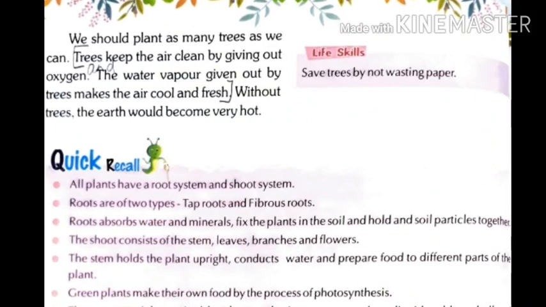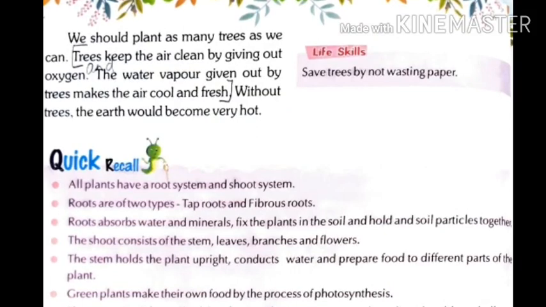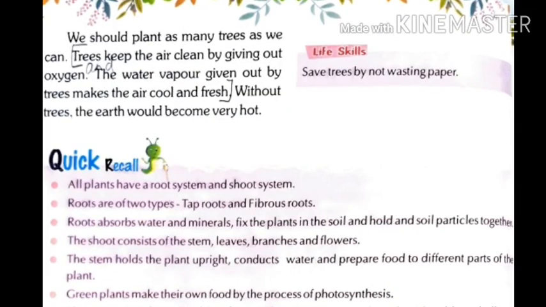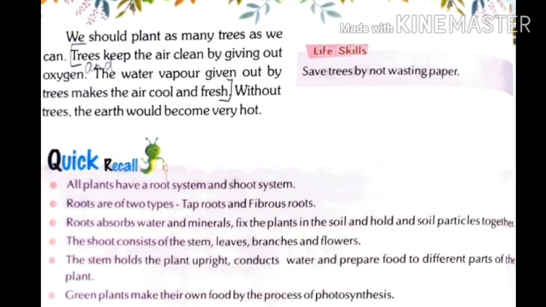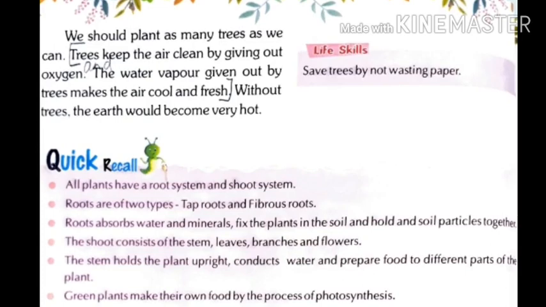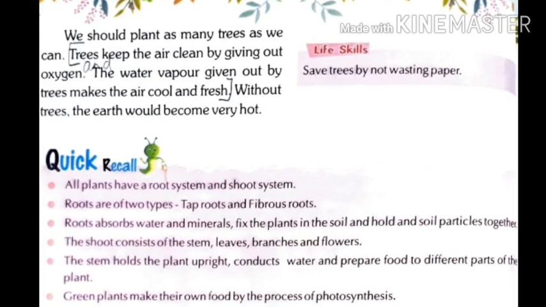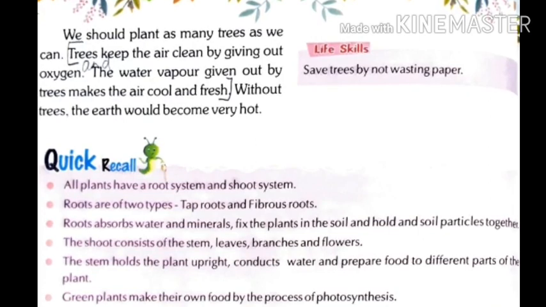We should plant as many trees as we can. Trees keep the air clean by giving out oxygen. The water vapor given out by the trees makes the air cool and fresh. Without trees, the earth would become very hot.